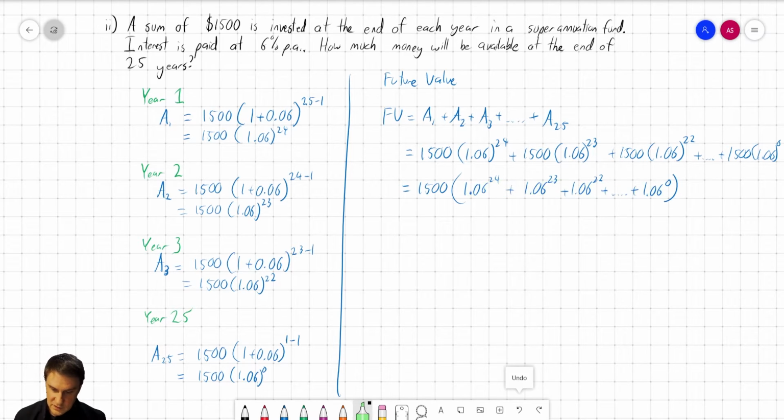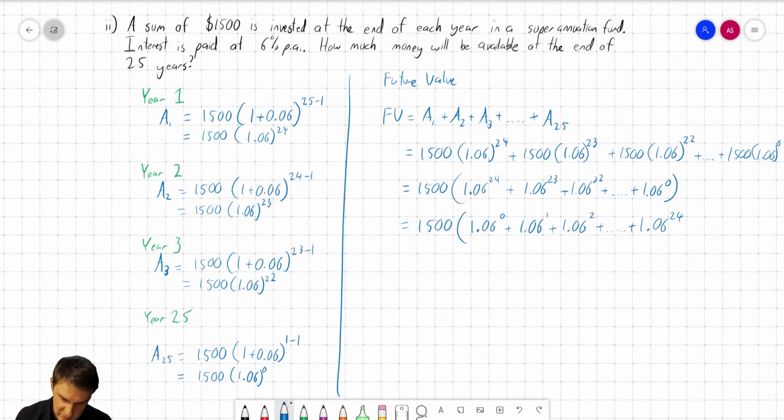But we need to rearrange it and reorder it in order to be able to deal with it. So we're just going to swap the order around. So what we're going to do is start with 1.06 to the power of 0 plus 1.06 to the power of 1 plus 1.06 to the power of 2 plus all the way up to our last amount of 1.06 to the power of 24. Okay, this is all the values we've got here.